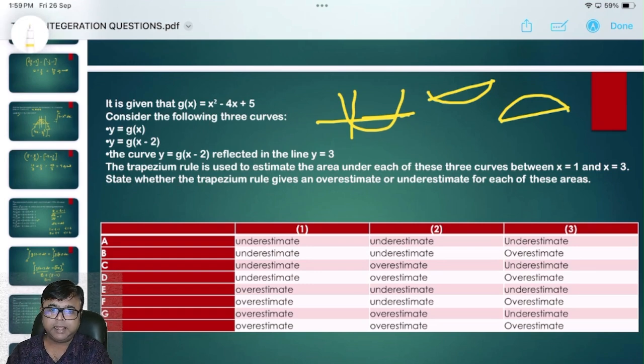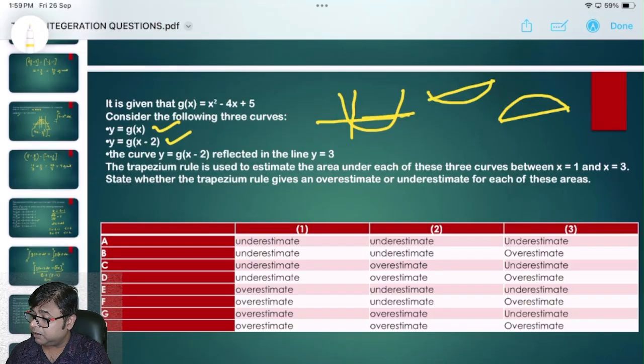So whatever limit I take, the trapezium will be overestimating the area. Now g of x minus 2 is nothing but the same curve moved 2 units to the right. It's just a translation. So again, the graph remains the same. So it will also be overestimating.